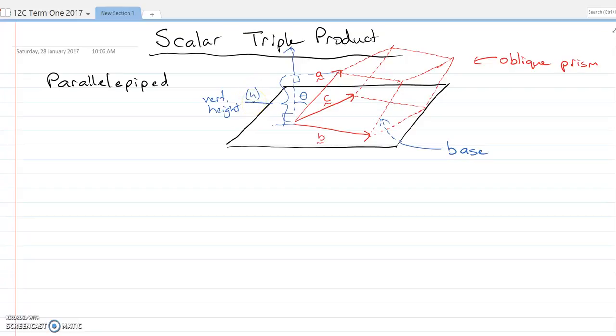Okay, so my volume is the area of the base. So volume of a prism is area of base times the perpendicular height, or vertical height.